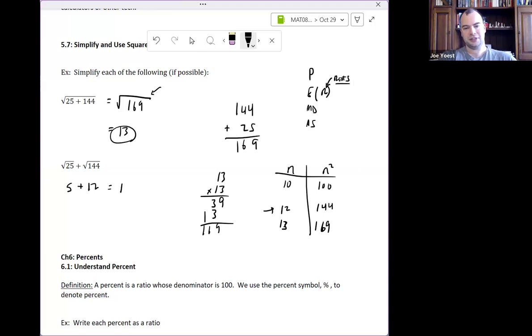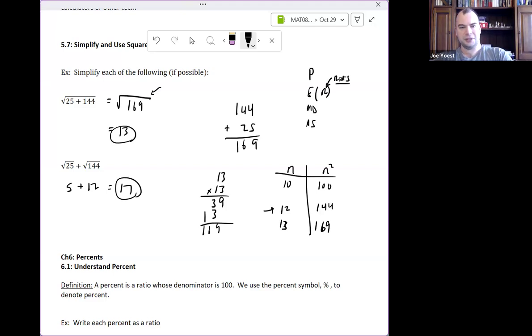And 12 plus 5 is 17. I get a different answer if I do square root of 25 plus square root of 144, or square root of 25 plus 144. If I add first, then square root, or if I square root each term individually, then add, I get a different answer. So I do have to be careful with this and respect the order of operations here.